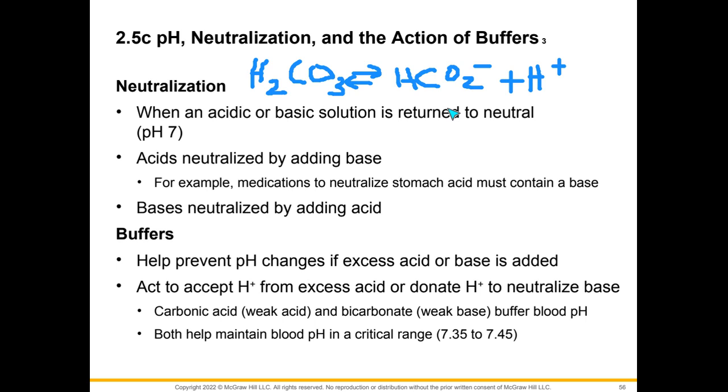It stays at 7. If you add a little bit of sodium bicarbonate, a little base, it doesn't change either.